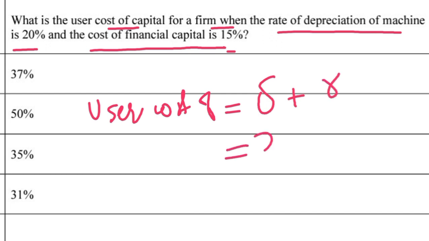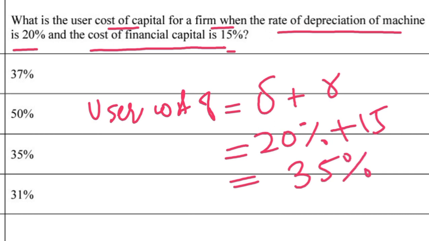Depreciation is 20% and the rental rate of capital is 15%. That means user cost of capital should be equal to 35%. So the correct option should be this 35%.